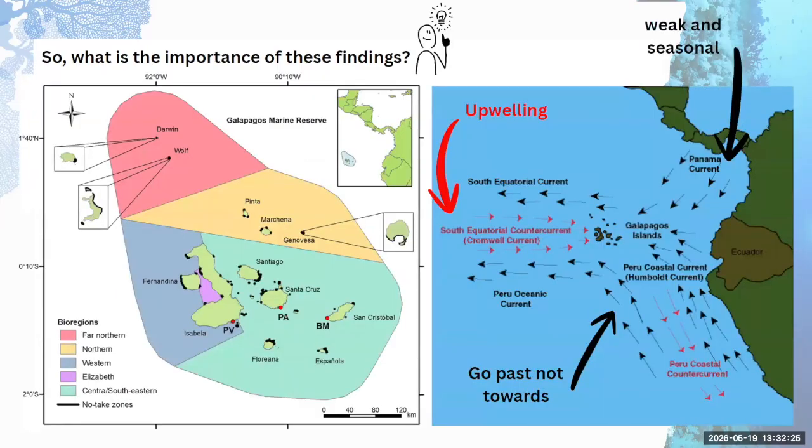So this is a map of the marine protected areas of the Galapagos archipelago. But at the moment, the marine reserve is using the horizontal axis to classify the different regions. With this study, we argue that the vertical axis should also be considered, and you may see why.